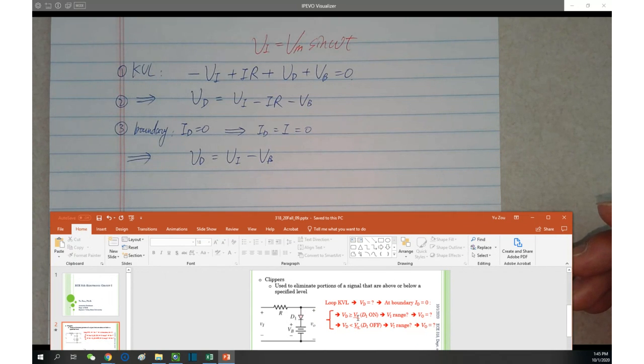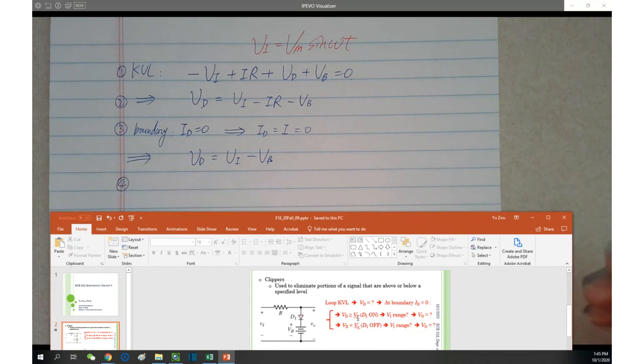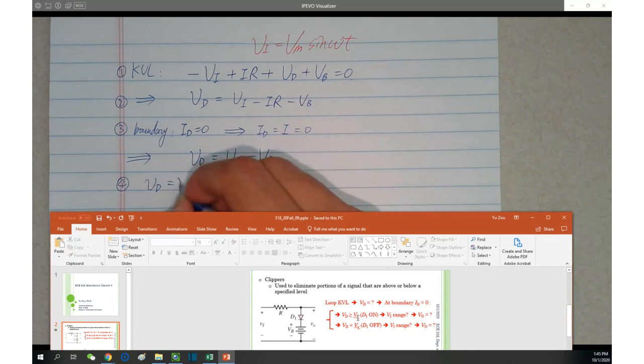Based on this VD, we start the fourth step. Your VD equals VI minus VB.